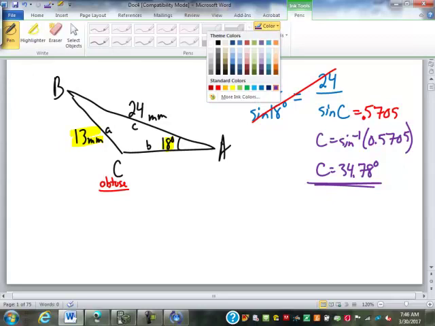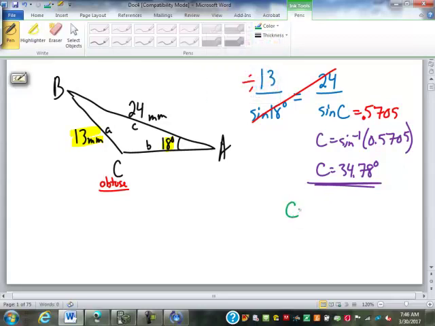What's that tell us about C? It's going to be the supplement of 34.78. So 180 minus 34.78 is going to be 145.22 degrees.